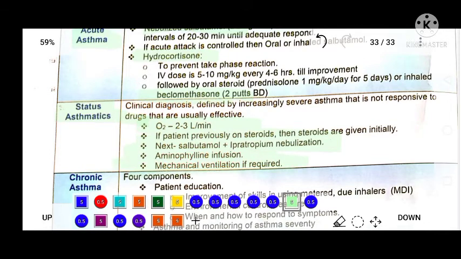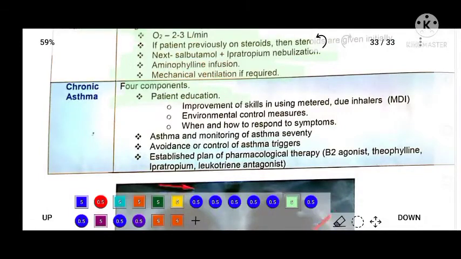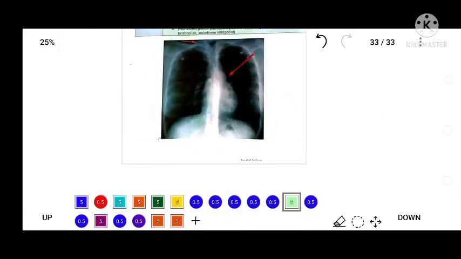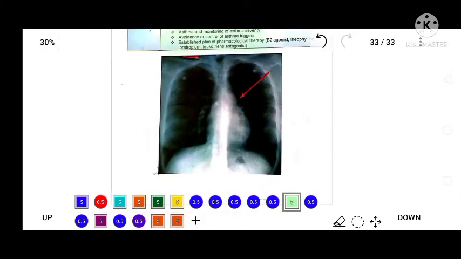And in chronic asthma, a patient should have measures for the control of the environment, and asthma severity should be monitored, with beta 2 agonist, theophylline, ipratropium, and leukotriene antagonist given. So in this way, asthma can be treated by this medication. Now, as you can see in this X-ray, there is hyperresponsiveness of the lung, and the typical asthma X-ray view is shown.